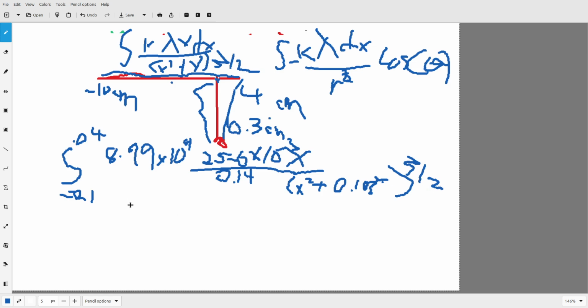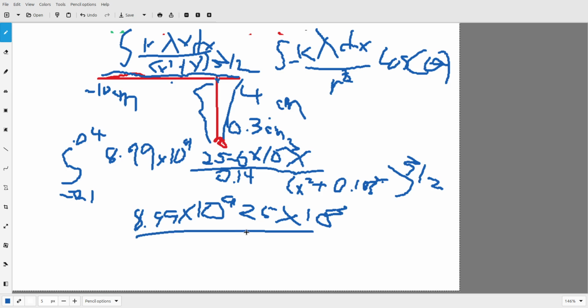And after we take this integral, we get our k, our lambda, which is 25.6 times 10 to the negative 3, over, of course, lambda, it's the charge over the length.